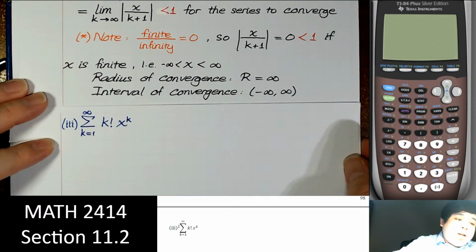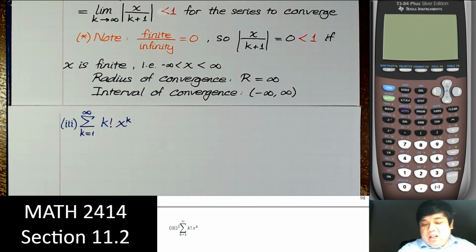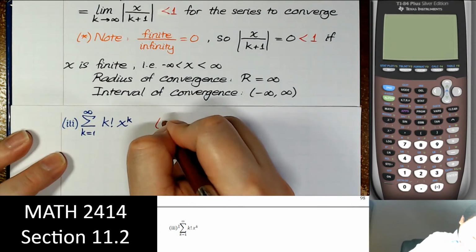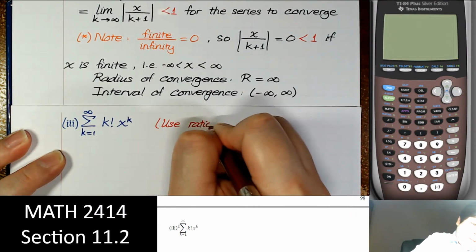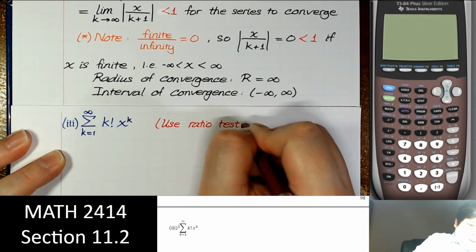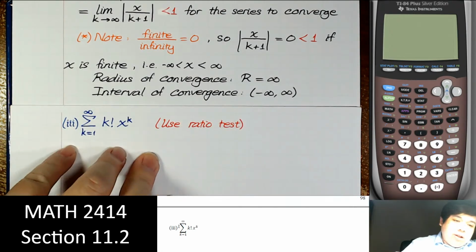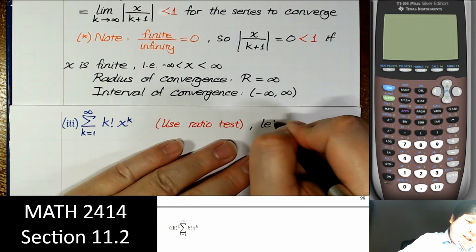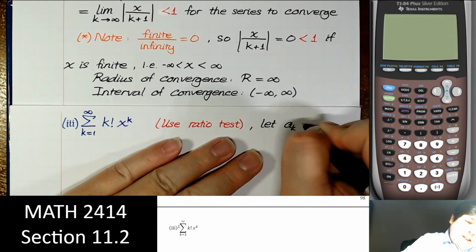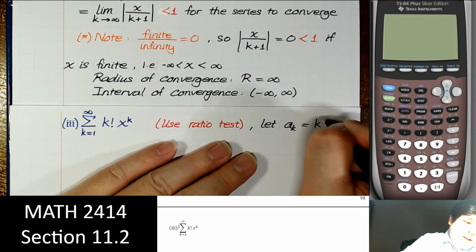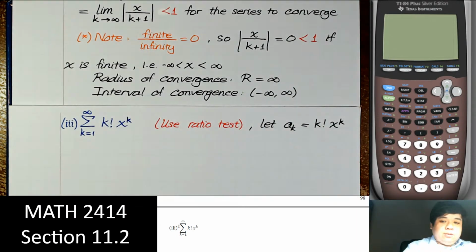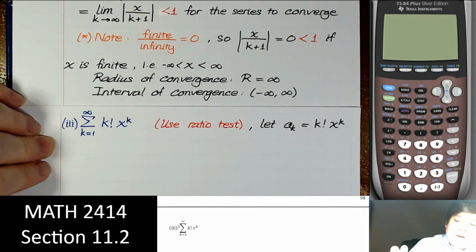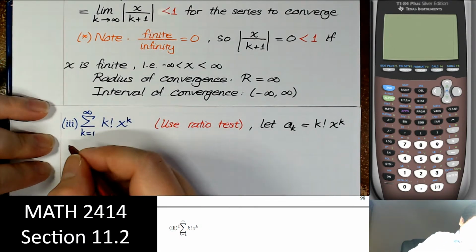So as always, for this kind of test, we use the ratio test. And we still let a sub k equal that. So we'll take the ratio.